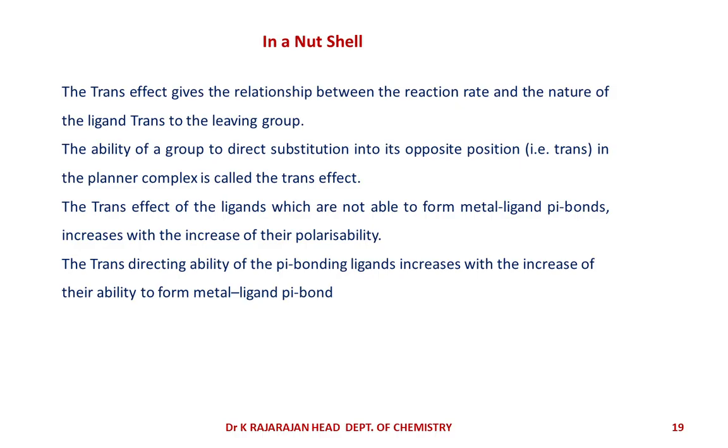The trans effect of the ligands which are not able to form metal-ligand pi bonds increases with the increase of their polarizability. The trans-directing ability of the pi bonding ligands increases with the increase of their ability to form metal-ligand pi bond.